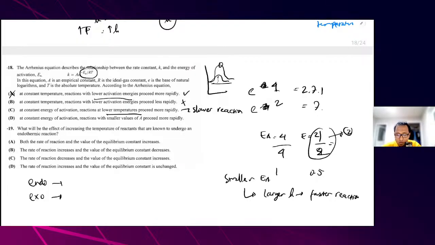Exo is kind of like release, right? So increasing the temperature, undergoing the endothermic reaction.